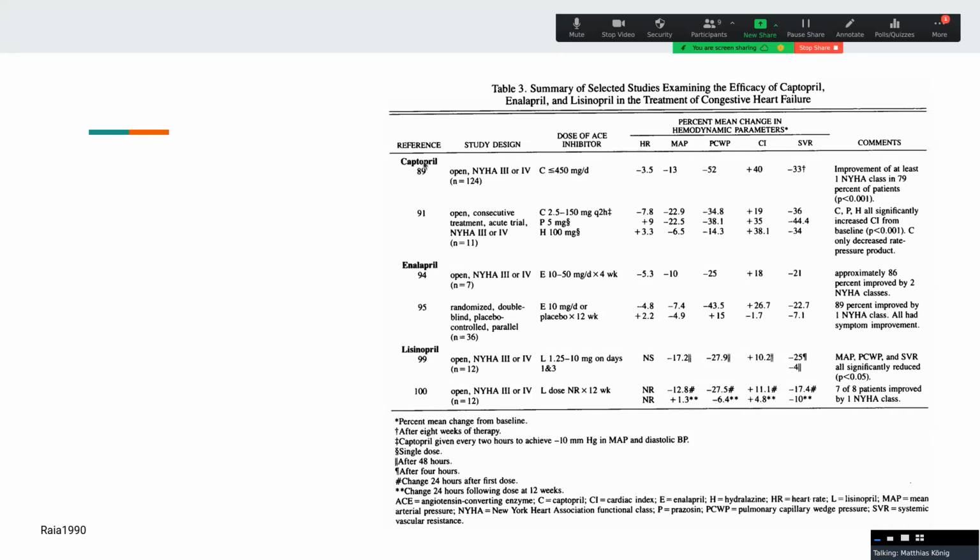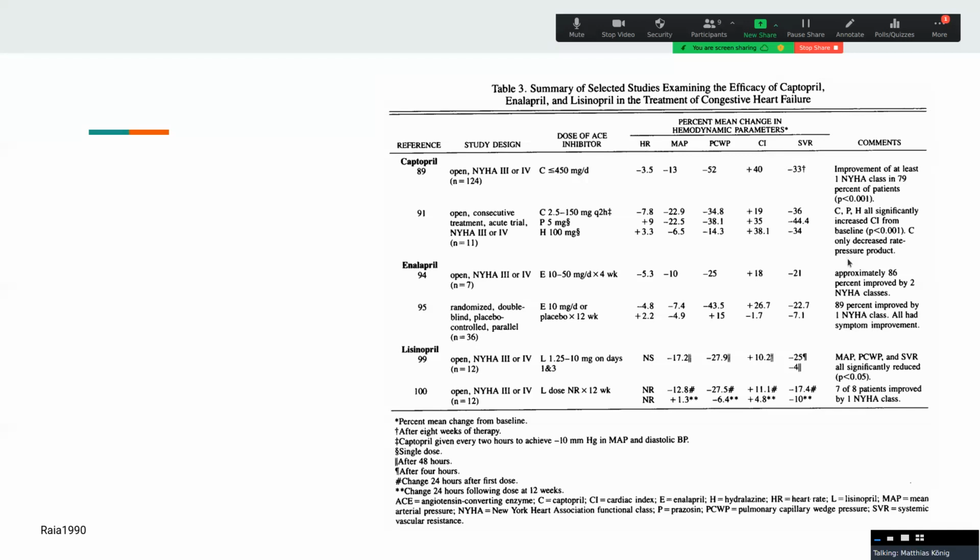And so what you see, if you give these different ACE inhibitors, is a clear effect on these parameters. Often you see a reduction in the heart rate, and you see reductions in the pressure. Cardiac index is increasing, and the vascular resistance is going down. These effects are pretty consistent, but you have variability between the different studies.